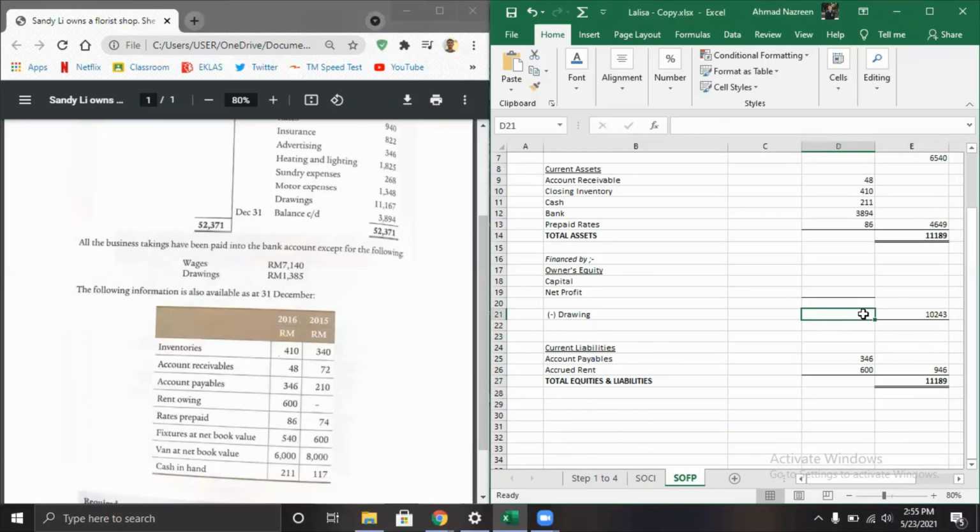So Aisha, what is the amount of drawing? 11,167 plus 1,385. So the total will be 12,552.